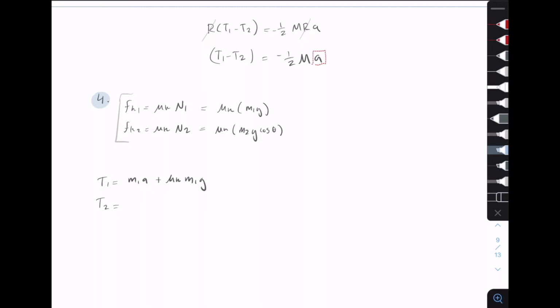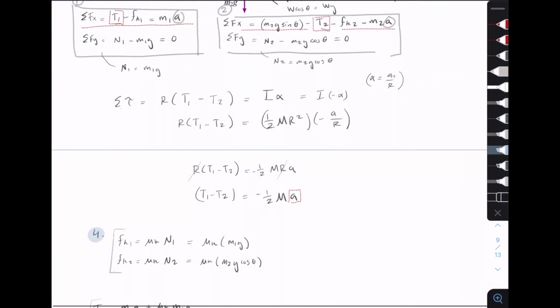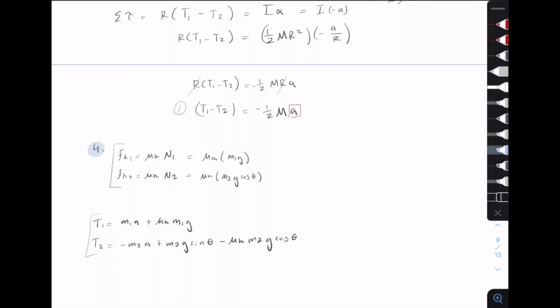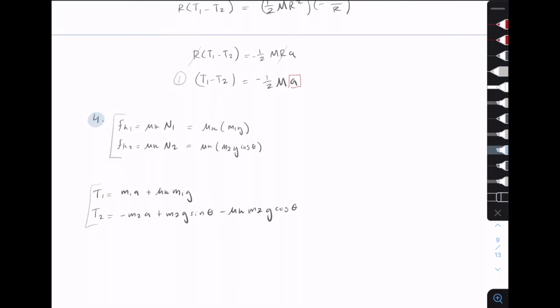And then T2 is equal to negative M2A plus M2G sine theta minus mu K M2G cosine of theta. Being systematic about this really helps. So we have our acceleration here, and then we have these equations for T1 and T2.